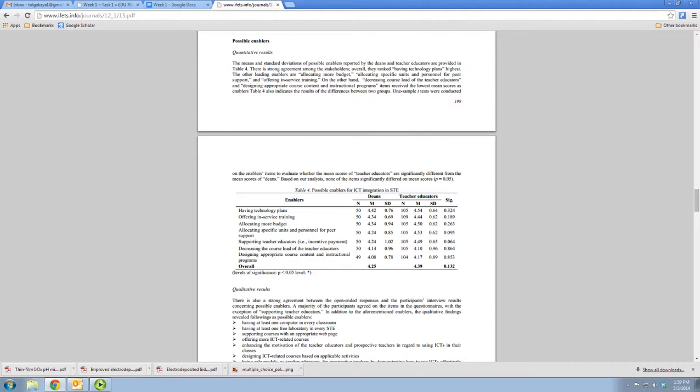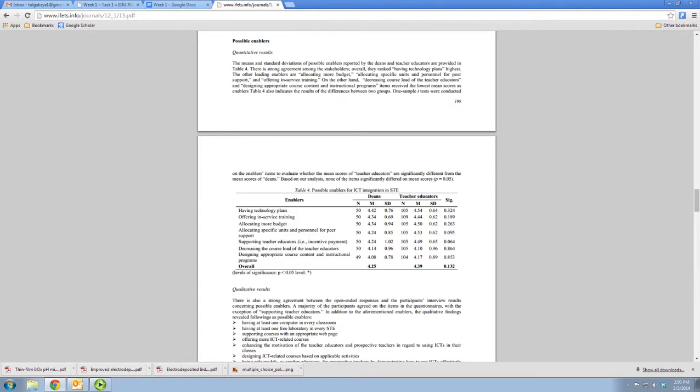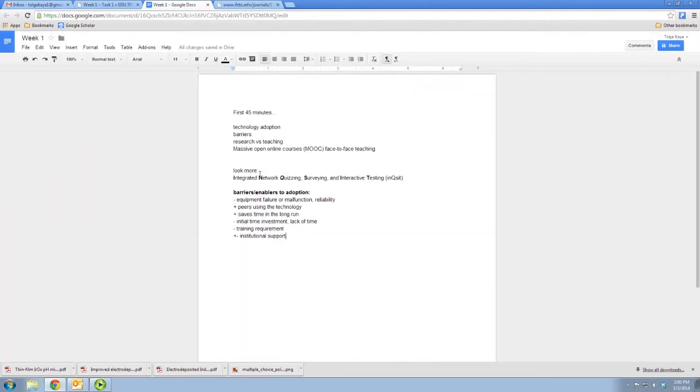Budget. Peer support. I think I covered all these. Budget, well, not really budget, but what was that other one? Support personnel for peer support. Yeah, peer support. Peers using the technology. That's one thing.